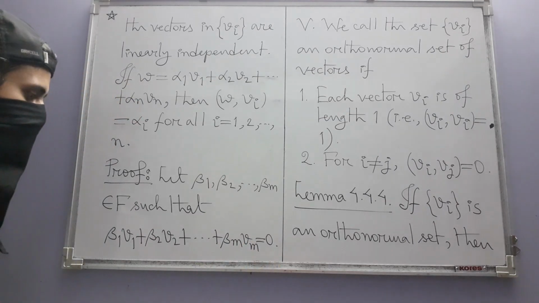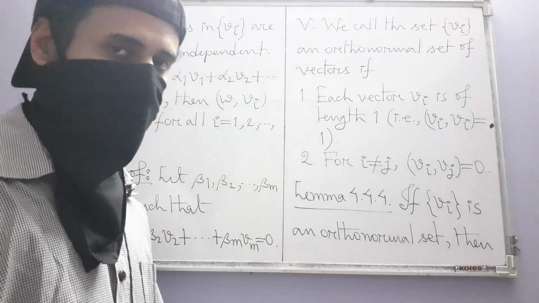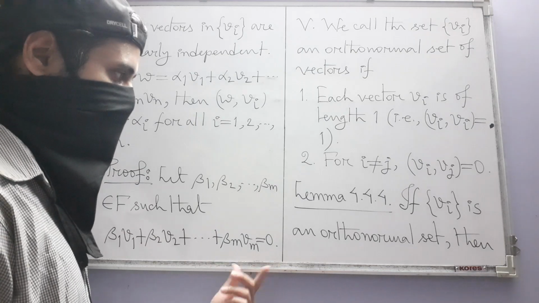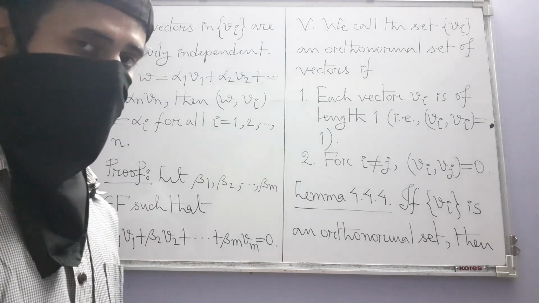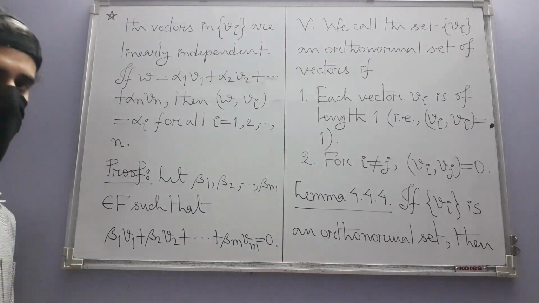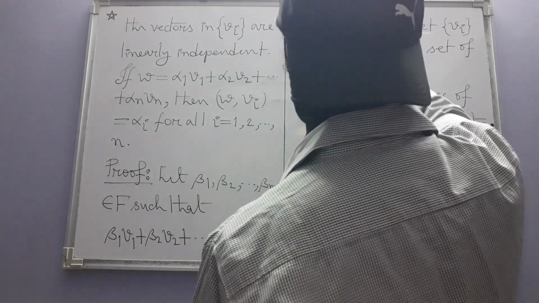So you understand that we are trying to prove that the given set is linearly independent. Having assumed this, now we have to show that each beta i is 0. If we can show that, then the set will become linearly independent.